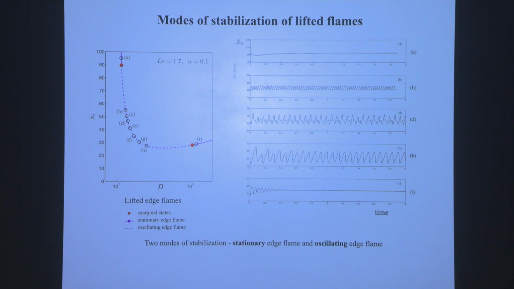And so there are essentially two modes of stabilization. The flame can get stabilized by the flow just by standing at a further position from the tip of the plate, or it can stand at a position by just oscillating but being there, okay? So two stabilization mechanisms.